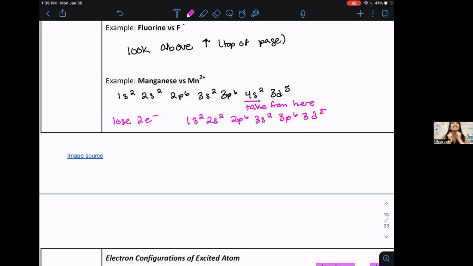Oh, 3d is actually higher. It's because of the shielding. Sorry. So it's higher because the p orbital and the s orbital are blocking the 3d. Despite their penetration, they can't really quite get there.